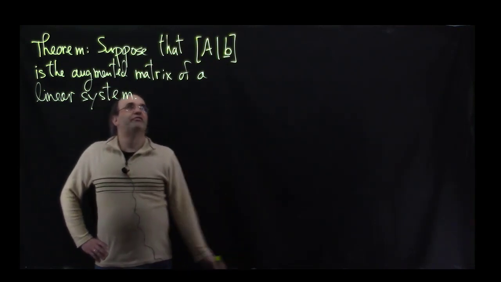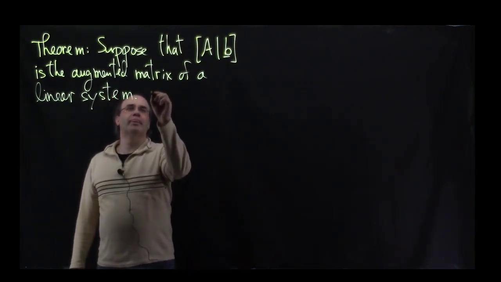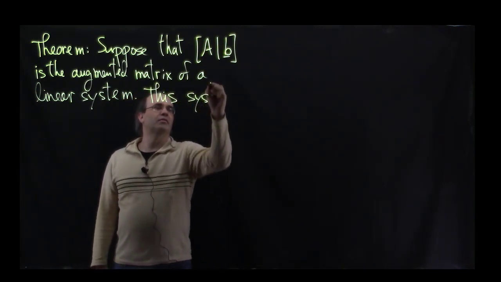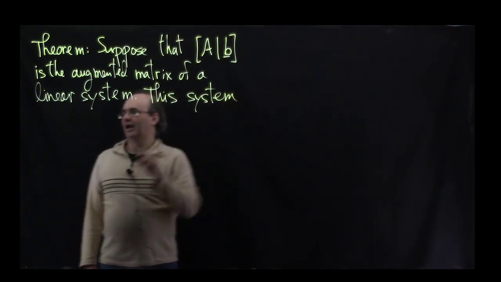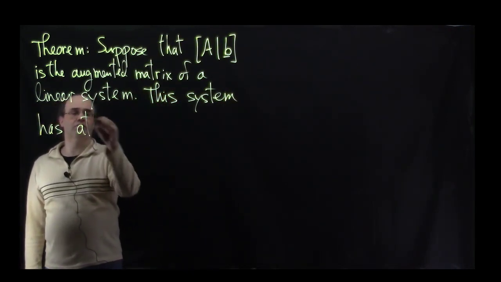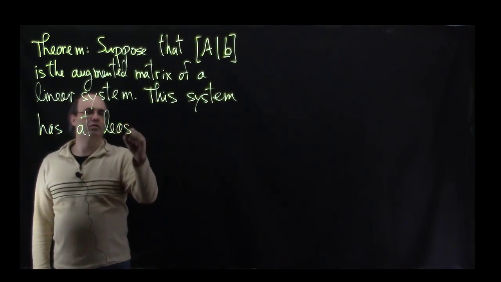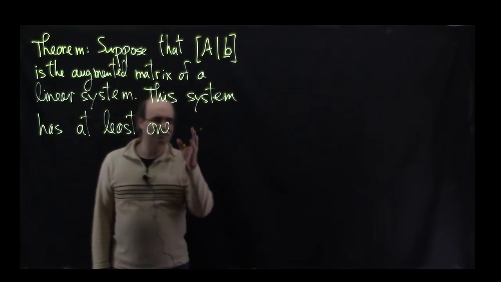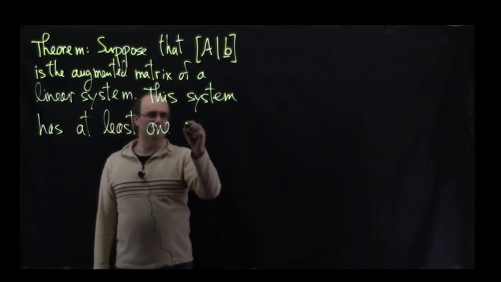Then the theorem says the following, that this system has at least one solution. Okay, so it has exactly one or infinitely many solutions.